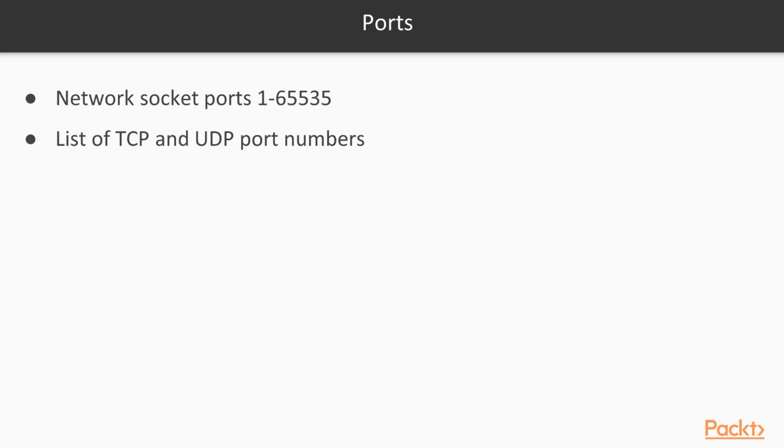Let's talk about ports. Ports are network socket ports used for connections and go from numbers 1 to 65,535. Typically, services run on commonly used ports. Here is a list of commonly used ports and what services run on them.